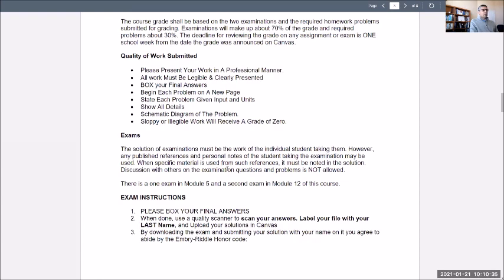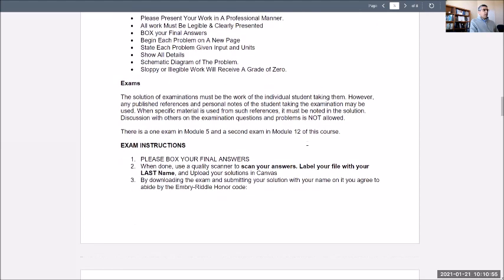There is going to be one exam in module 5 and a second exam in module 12 of this course. We are going to have 12 modules in this course, and I'm going to talk about the modules after we go over the syllabus. When you take the exams, please box your final answers.